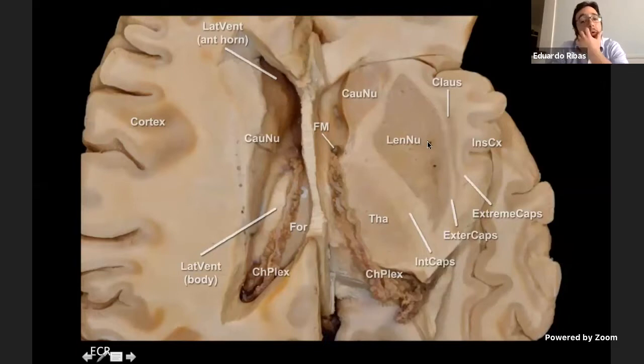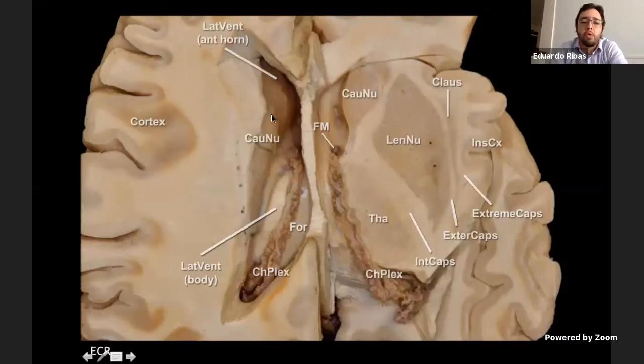The lentiform nucleus will have one external capsule and one internal capsule. The external capsule is lateral and the internal capsule is medial. The lentiform nucleus is made by two nuclei: the putamen, which is bigger and more lateral, and the globus pallidus, which is in its corner, more medial. Then medial to the lentiform on this anterior aspect, we have the anterior limb of the internal capsule, separating the lentiform nucleus from the head of the caudate nucleus.